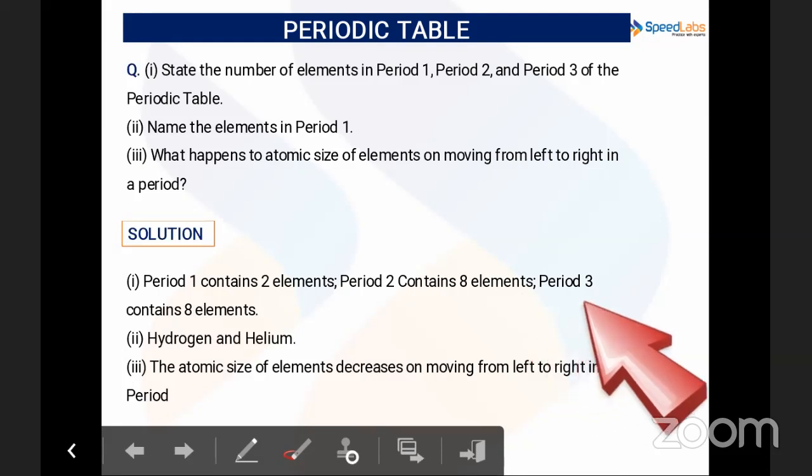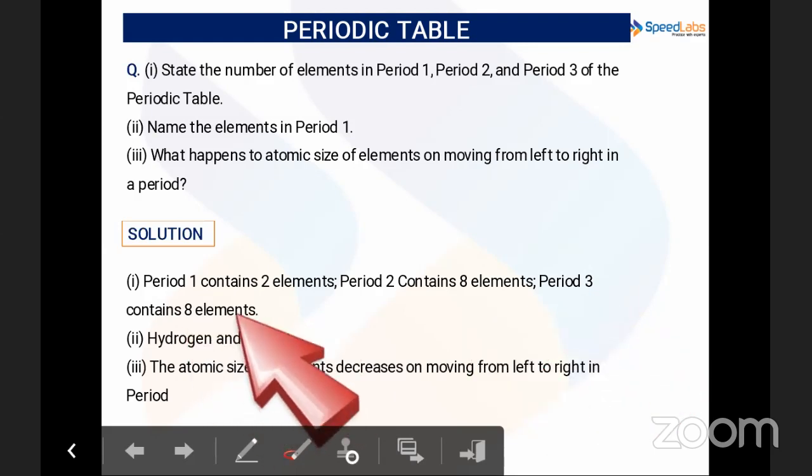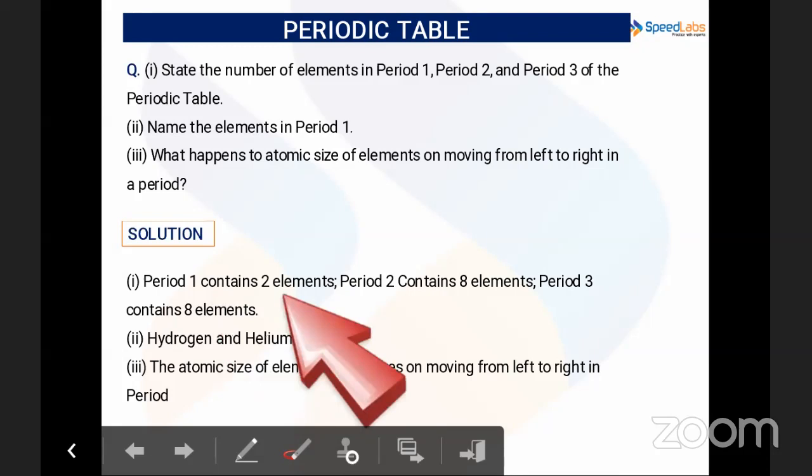Now, period 3 contains 8 elements. Which are the 8 elements present in period 3? Sodium, magnesium, aluminium, silicon, phosphorus, sulfur, chlorine, and argon. I'm repeating: period 1 contains 2 elements, hydrogen and helium.